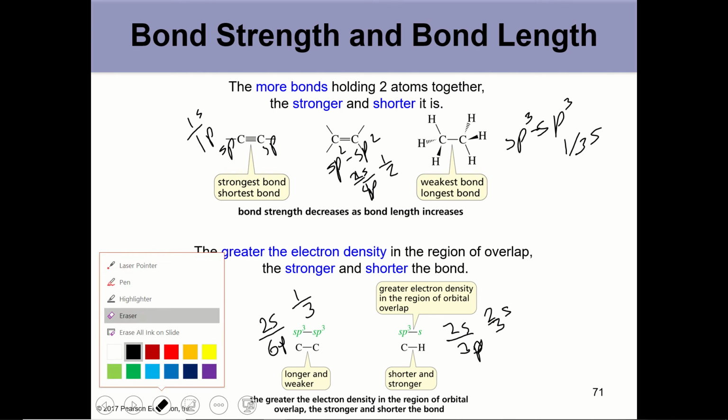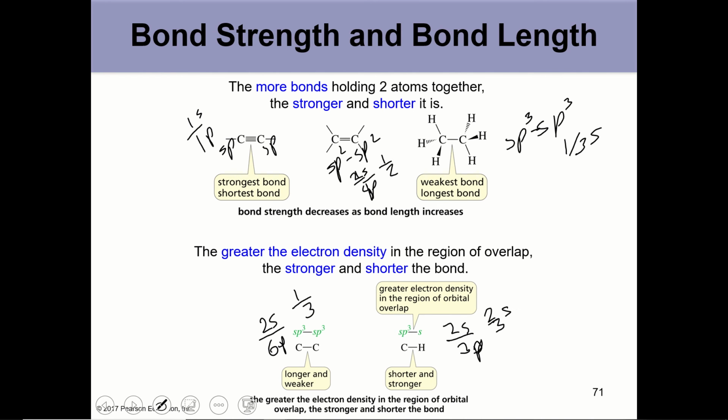That will give us the same type of idea. So we could say that this sp3 to sp3 is, instead of 2s to 6p, 2s out of a total of 8 orbitals.